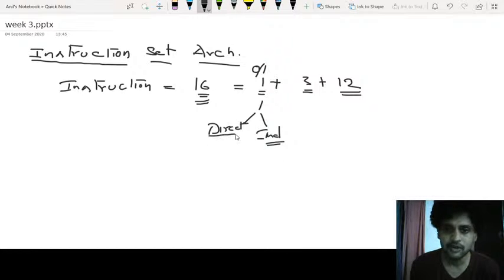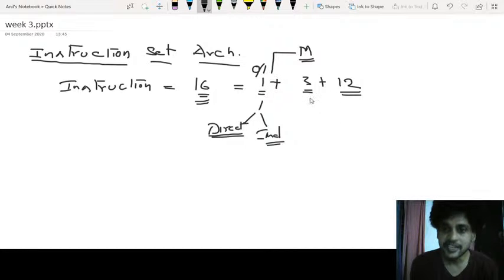But forget about direct or indirect addressing. If we have a single digit, it has two representations, either 0 or 1, so we can have two different modes, because the first digit I am calling the mode digit. So in the instruction, the first digit is mode, and as it is a single digit, I can have two different modes.